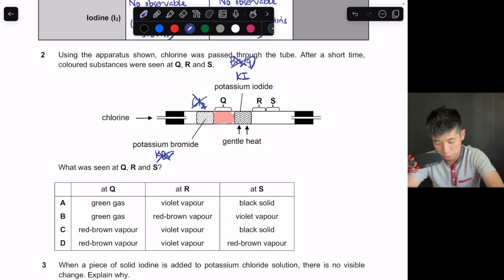Since bromine is more reactive than iodine, it displaces iodine from potassium iodide, forming iodine vapor. And after a while, as the iodine vapor cools, it deposits to form a black solid. So we see a purple vapor before the iodine deposits at the site as a black solid. Therefore, the correct answer here is C.